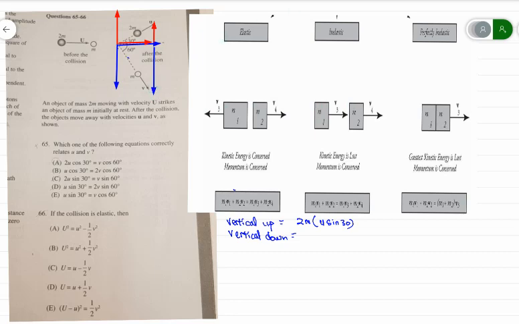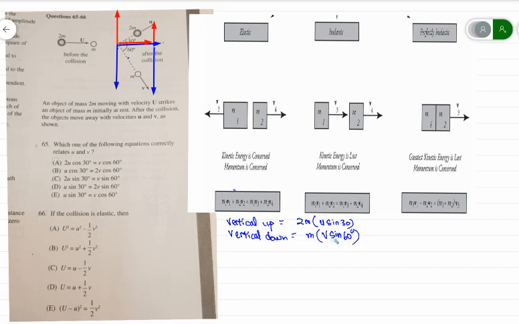The mass is m, and the velocity is v, so the vertical component is v sine 60.